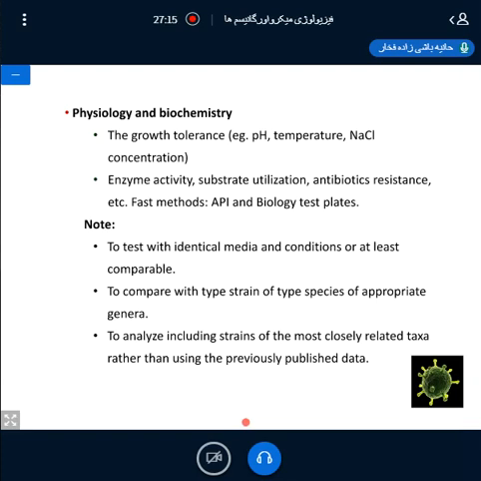Pay attention to test with identical media and conditions, or at least comparable, to compare the type strain of the type species of related genera and to analyze a strain of the most closely related taxa, rather than using previously published data.